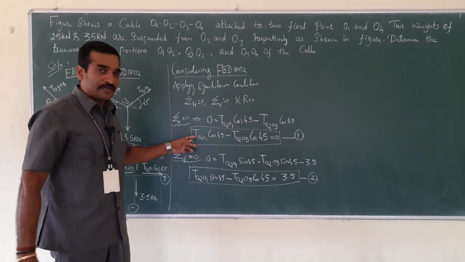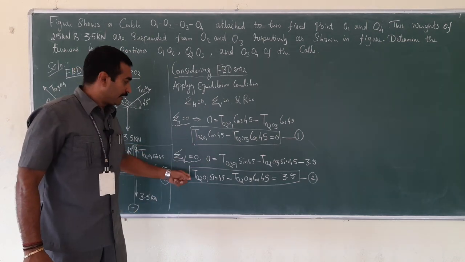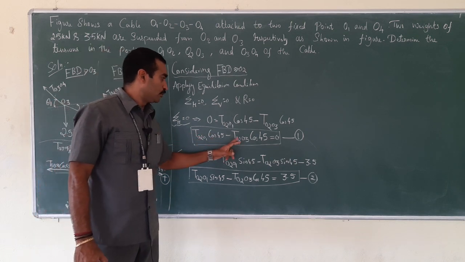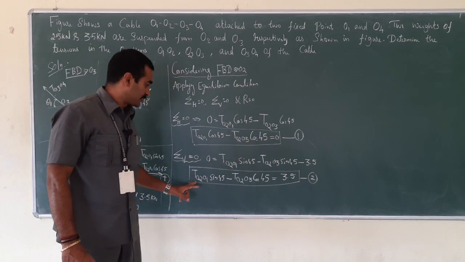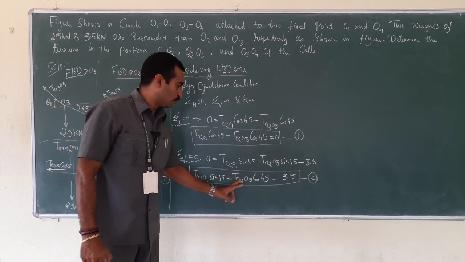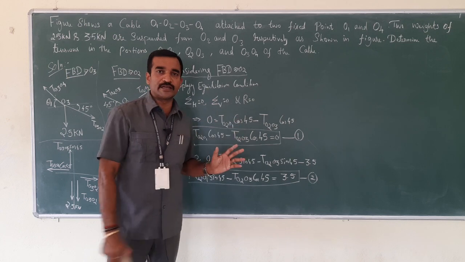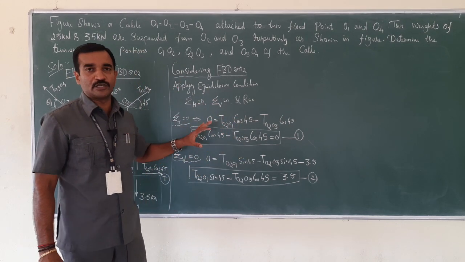Look at this format for equation number 1 and equation number 2. Two unknowns, TO2O1, TO2O3. Similarly here TO2O1, TO2O3. So this is the format. Two unknowns are there, so I am going to solve these equations.